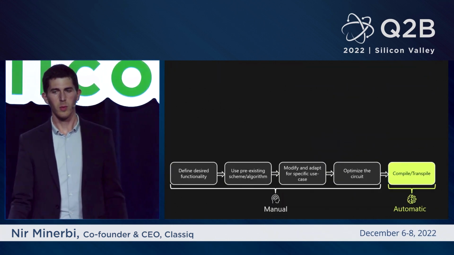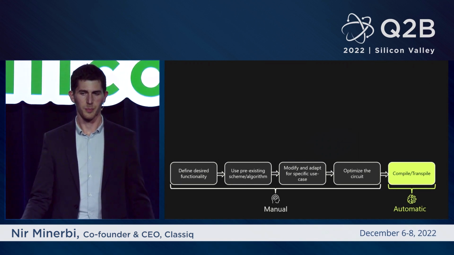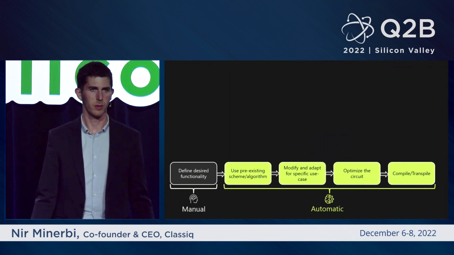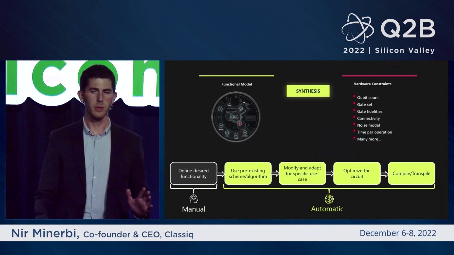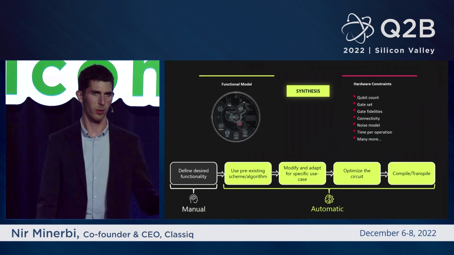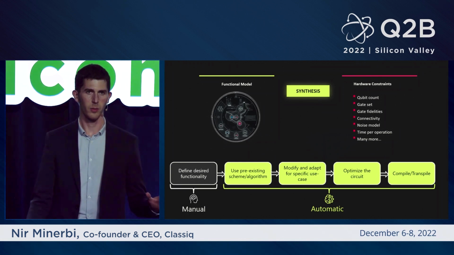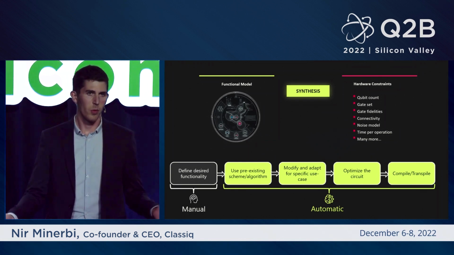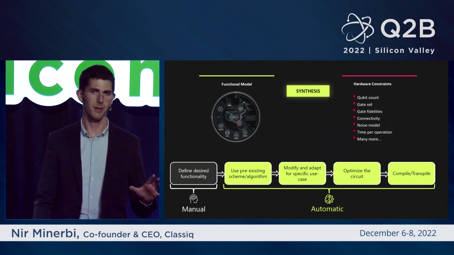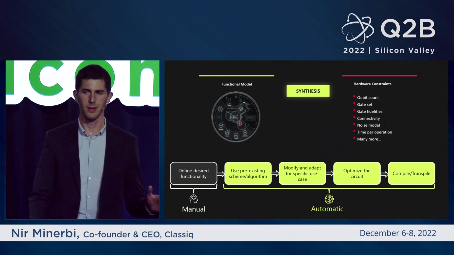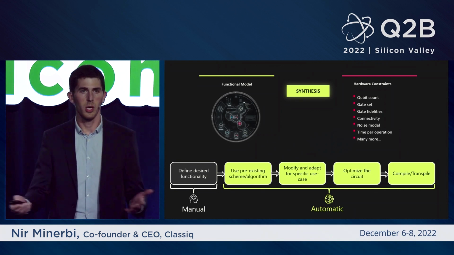Because what we do is automating this process. What you need to do with Classiq is define the functionality. There is a full separation between the functional model and the hardware constraints, right? Because the functional model remains the same. You can adapt it, you can change it, but on a basic level, it remains constant. The hardware constraints change every day.